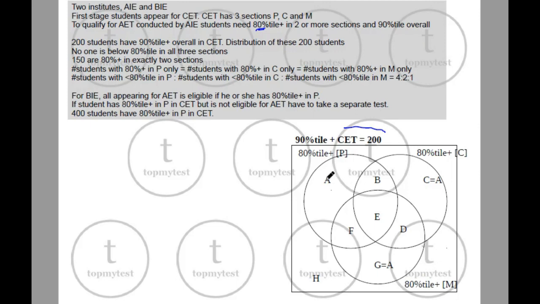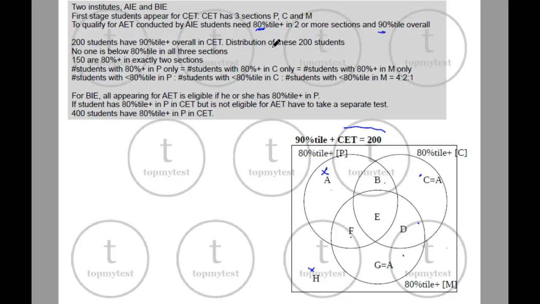Now remember, A is not eligible for AET because he's got 80 percentile or more only in physics. Same with C, same with G. H is not at all eligible because he has not got 80 percentile in any section. So only the people who are eligible for AIE will be this B, D, E and F. This is your standard Venn diagram regions.